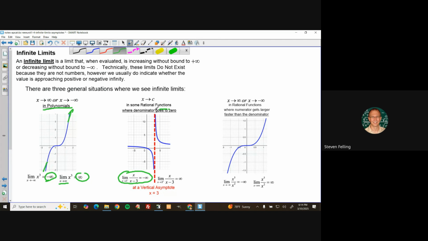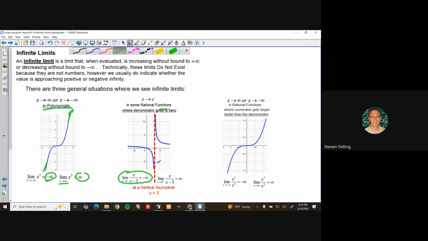And that means on either side, the function is going to negative infinity or positive infinity. They can both go to positive or both go to negative, or one or the other could be positive or negative.